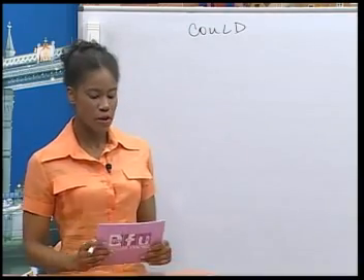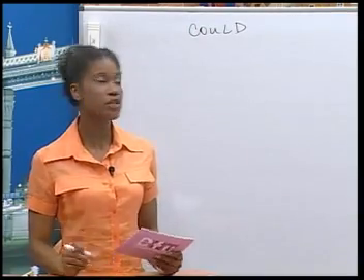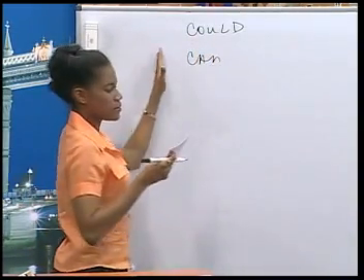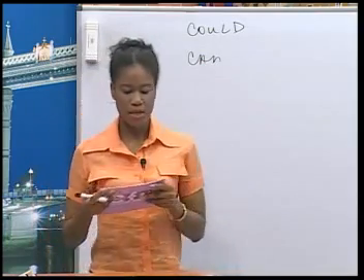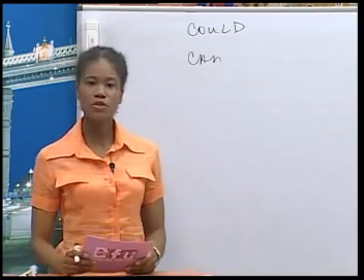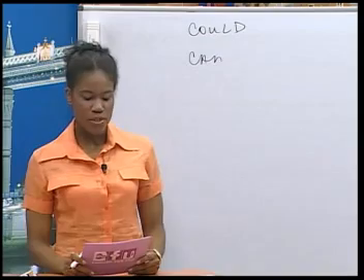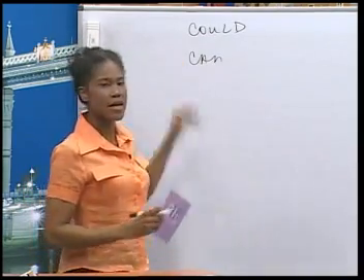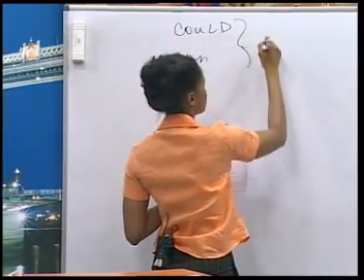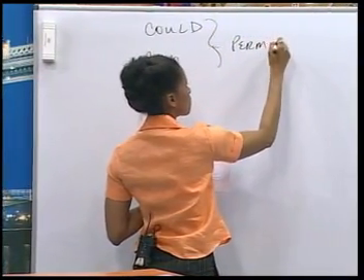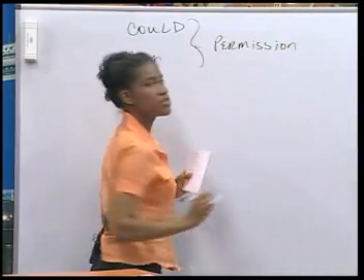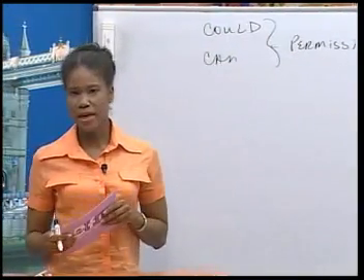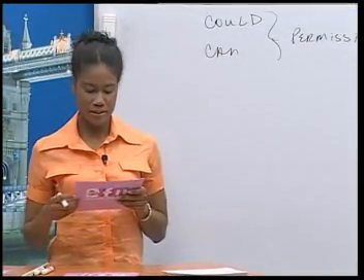Okay, so now we see we can use can or could to start a question. It has a present or future meaning. We start questions with can or could to ask permission. Permission to do something. The answer is yes, you can, or no, you can't.